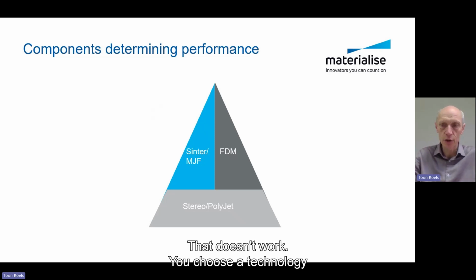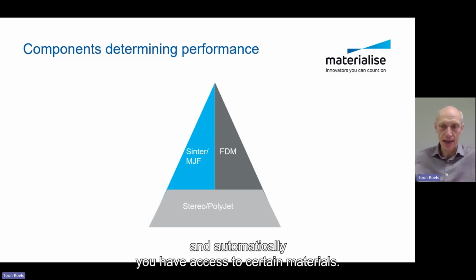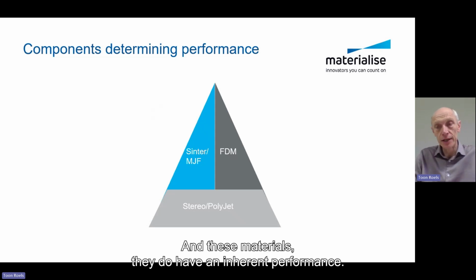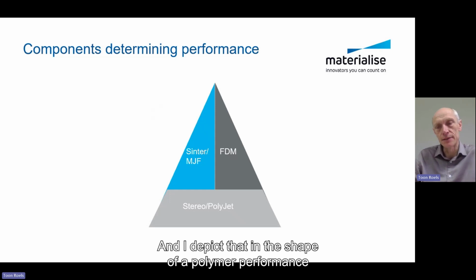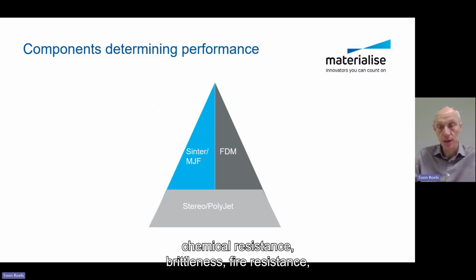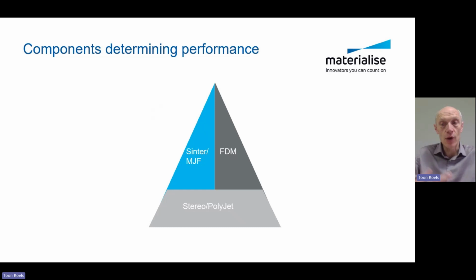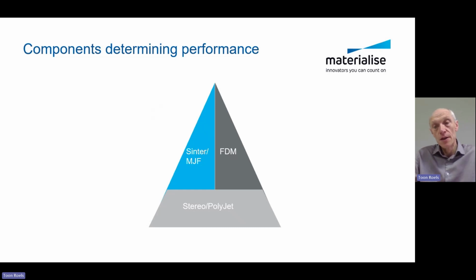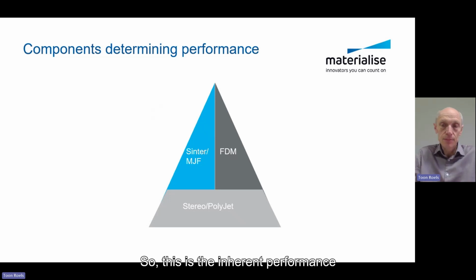You choose a technology and automatically you have access to certain materials. And these materials do have an inherent performance, and I depict that in the shape of a polymer performance pyramid. You have materials that score high in thermal resistance, chemical resistance, brittleness, fire resistance, and you have materials that inherently have a lower performance.